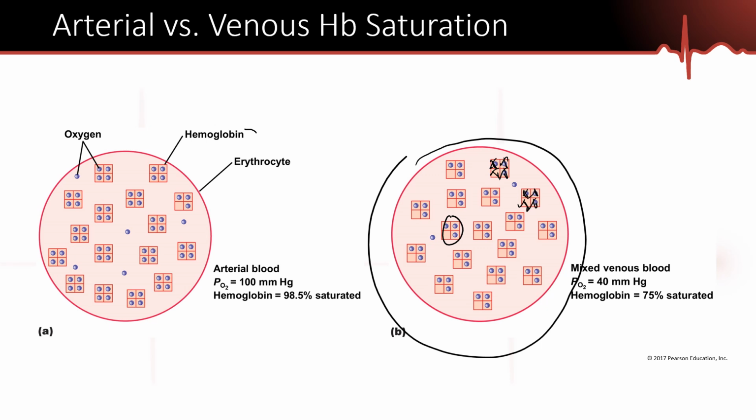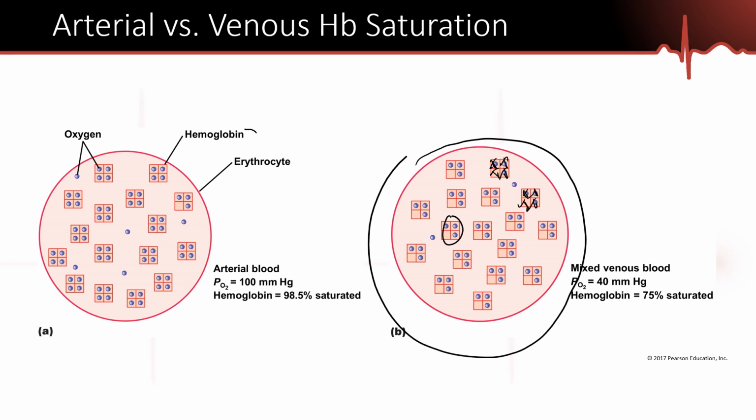Absolutely mind-blowing. And to take that a step further, within every one of the 25 trillion red blood cells in the human body, there's estimated to be about 250 million molecules of hemoglobin. And each one of those hemoglobin proteins can bind 4 oxygen molecules.